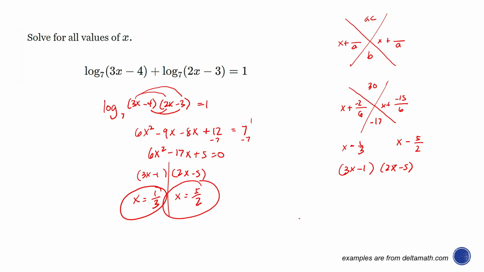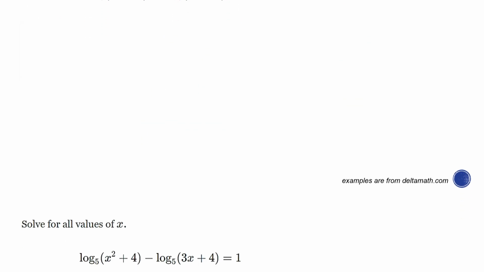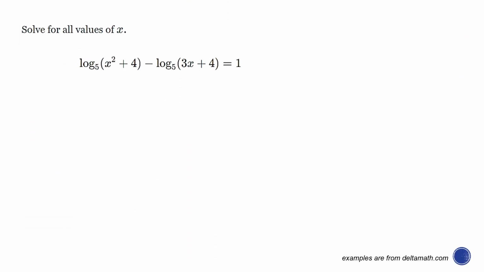Alright, let's go to the next one. Now here we will use the quotient rule to condense the expression on the left side. So this is logarithm of (x squared plus 4) over (3x plus 4), base 5, equals 1.